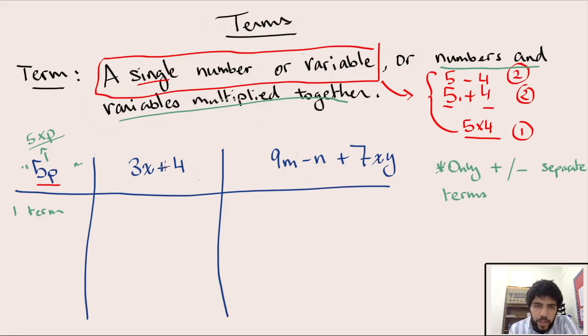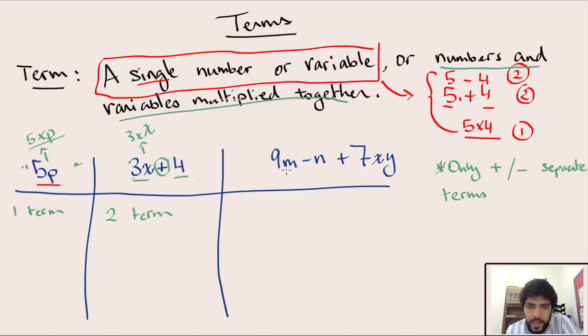3x plus 4. We can see that there's an addition sign here. And so we know that 3x and 4 are different terms. So in this case, we have 2 terms. We have 3x here, but again, this is just multiplication, 3 times x. And so it's counted as 1 term. All right?